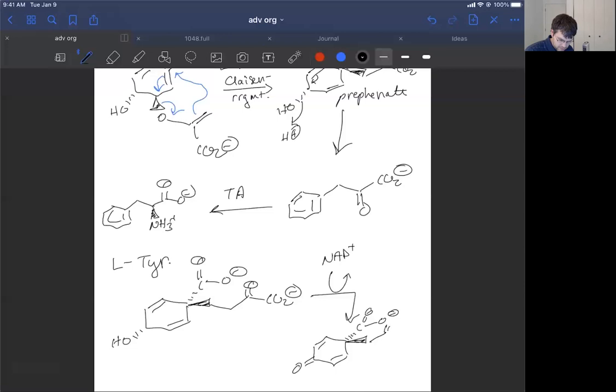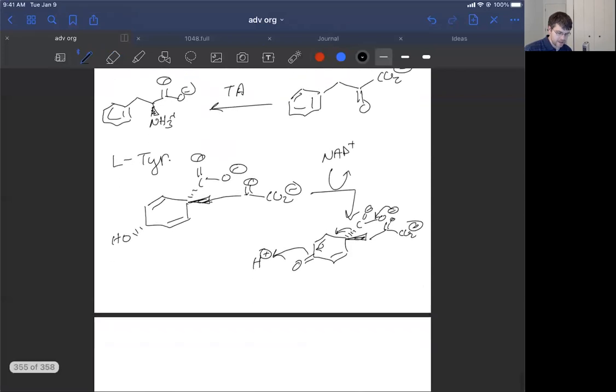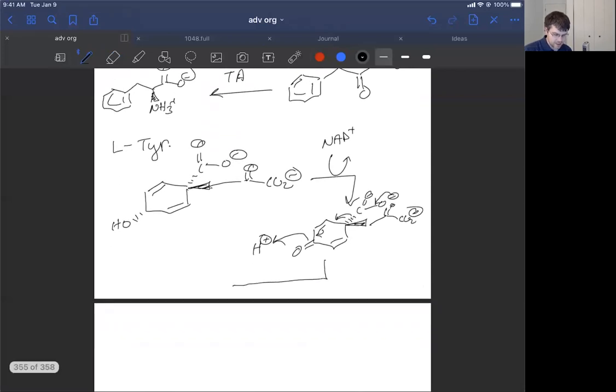It looks like in my previous step I added a CH2. Didn't I? Yeah. Okay, good enough. All right, so now we're going to go decarboxylation again, except we're going to push the electrons up and into the carbonyl, and we can just let them pick up a hydrogen atom. And that's going to give us the alpha keto acid precursor to tyrosine.